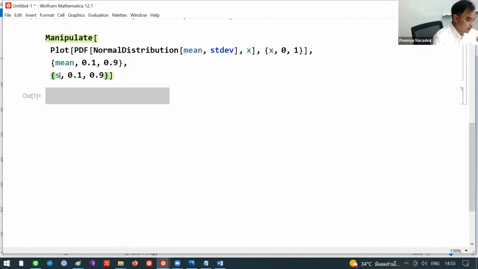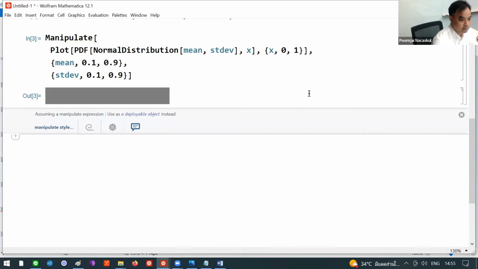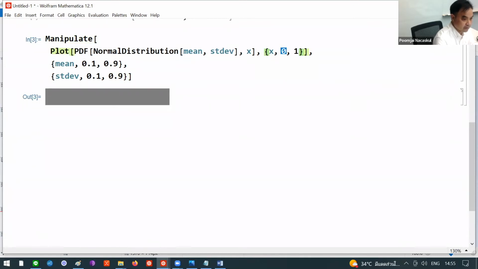I haven't told you what it is yet. PDF of this of x, should work.